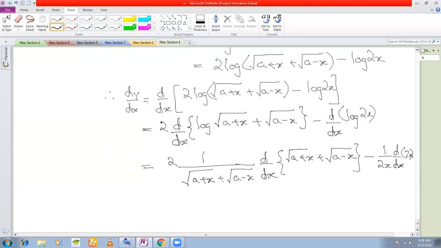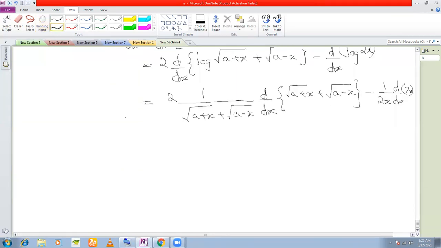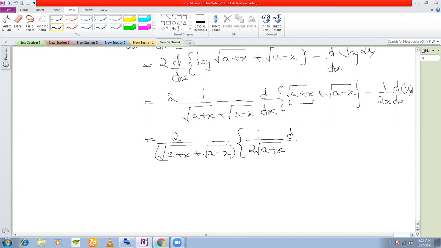You agree? Yes, sir. So now this is twice root a plus x plus root a minus x. Now you differentiate this root a plus x, root a minus x. First you differentiate this root a plus x to get 1 by 2 root a plus x into the d/dx of a plus x, which should be 1 ultimately.